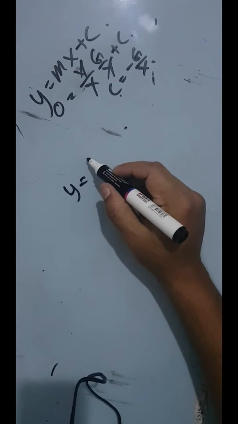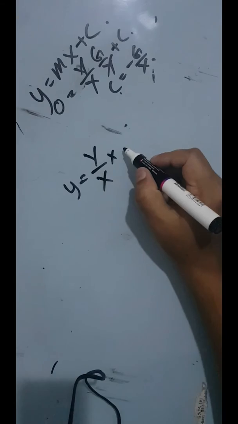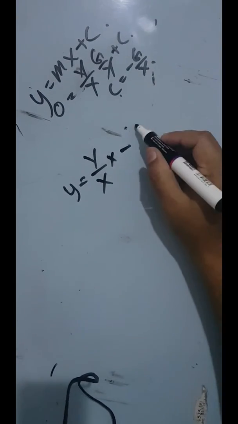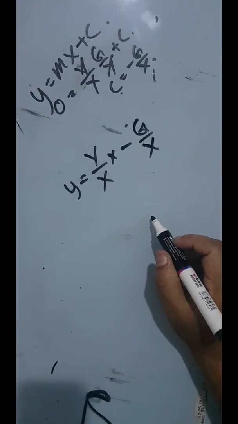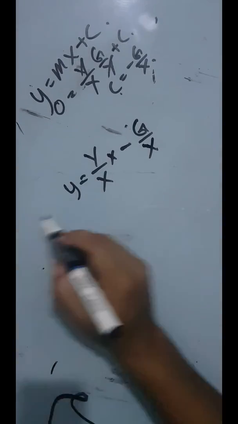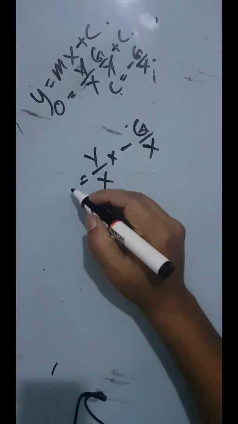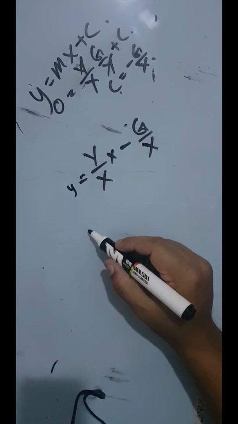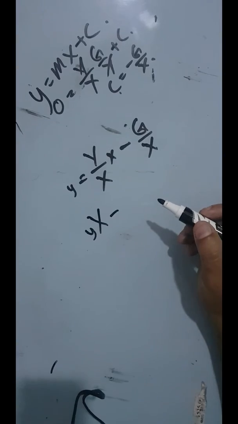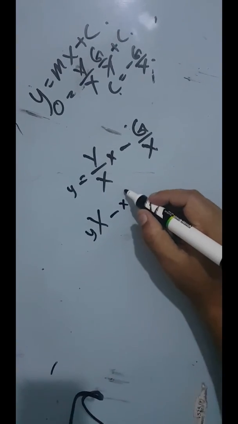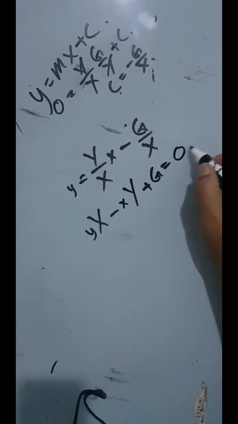The general equation will be given by y over x minus, instead of c we write G over capital X. Now I'm going to multiply by x, which gives me, this is simple y, which gives me simple y capital X minus simple x capital Y plus G equals 0.